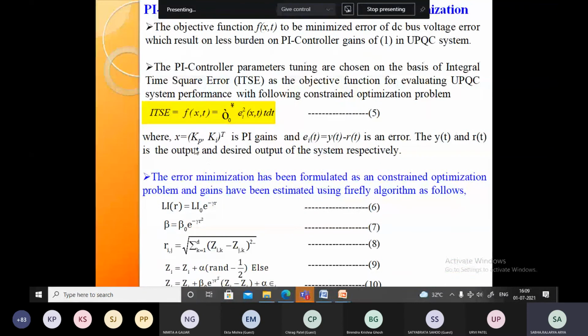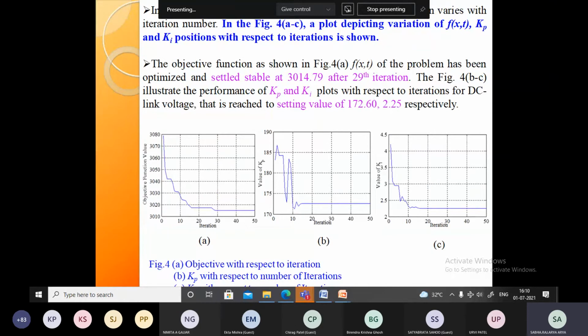And we need to tune the values of the KPI controller based on the optimization that we have done, based on the ITSE, meaning integral time square error, which we have considered as the objective function. Based on the theory of the Firefly algorithm, we have developed the code. After writing the code, we got different values of KP and KI as well as the cost function.